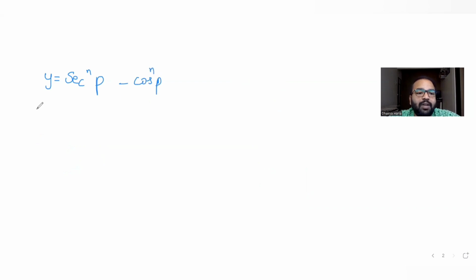So if I find dy by dp, differentiating it with respect to p, now you know if there is x raised to n, the derivative of that becomes n into x raised to n minus 1.